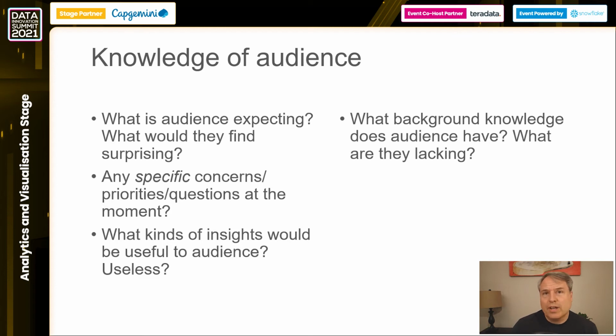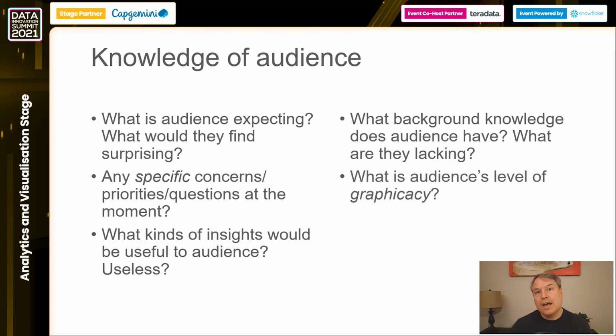We also, of course, have to take into account what kind of background knowledge the audience has or is lacking, right? I'm sure you've been in that situation where you show a chart to somebody and they don't grasp it because you assumed that they had some background knowledge about this particular situation that they didn't have. The only way we're going to find that out is by actually talking to the audience and learning about them. And also to understand what their level of graphicacy is.